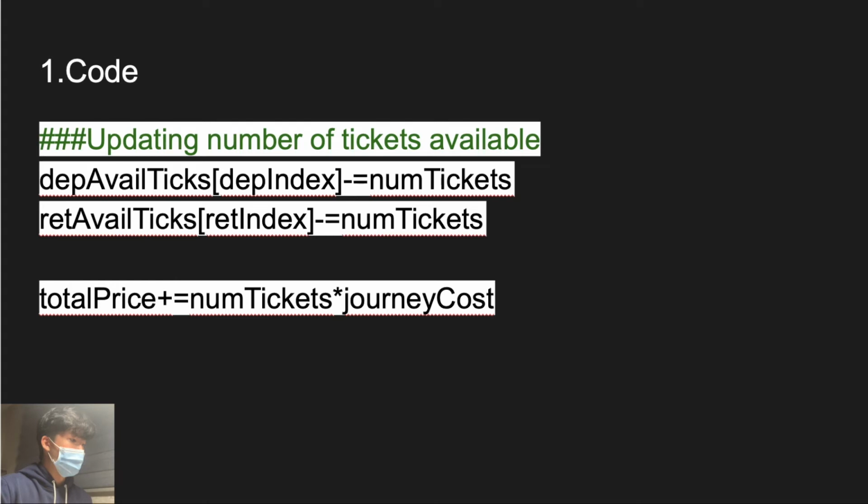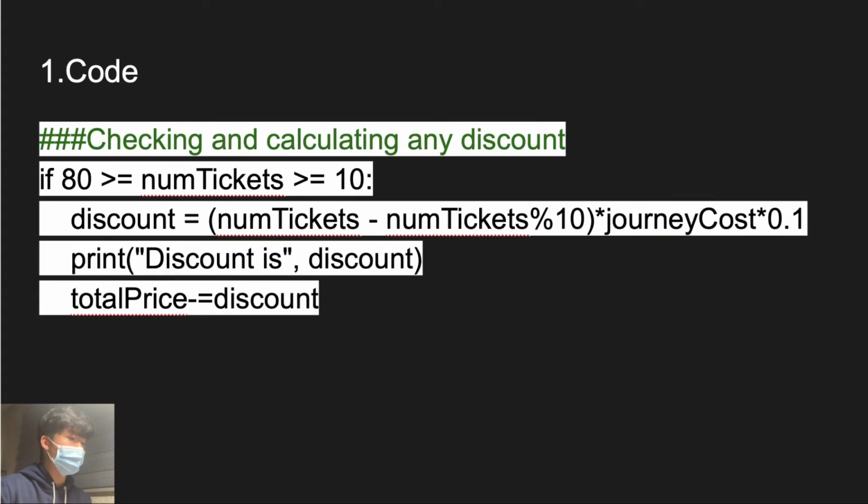Next, we still haven't touched the calculating discount part. If the number of tickets the user wants to buy, the passenger number, is between 10 and 80, according to the pre-release task, you get a discount. The amount of discount is calculated through this formula.